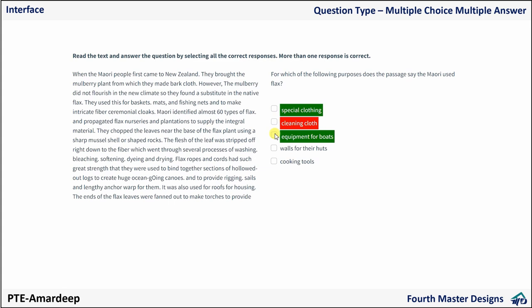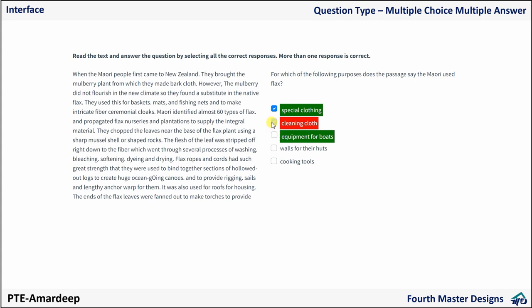Okay, let's say I select this one and this one. Now in this case my score won't be -2, because your score cannot be less than 0. It can't go negative. Let's say I select this one and this one, the second one. In this case my score will be 2 minus 1, 1.